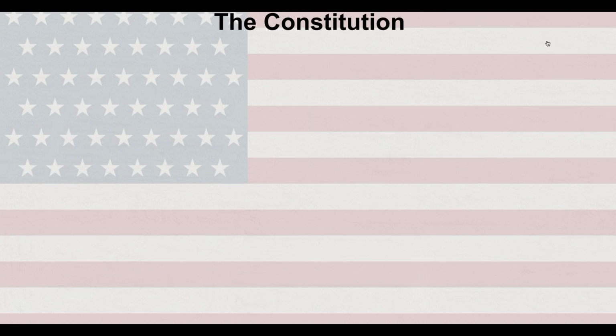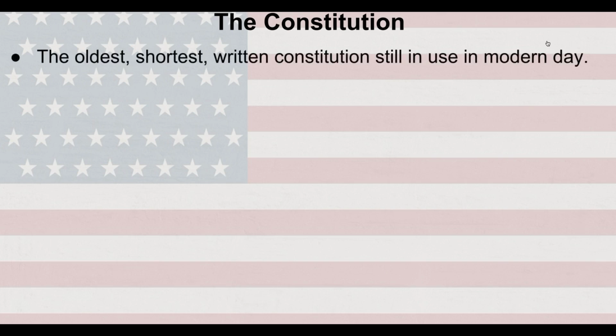So if we start dealing with the Constitution here in the beginning, there are a couple of things worth noting about it. Our Constitution is the oldest, shortest written Constitution still in use in modern day.